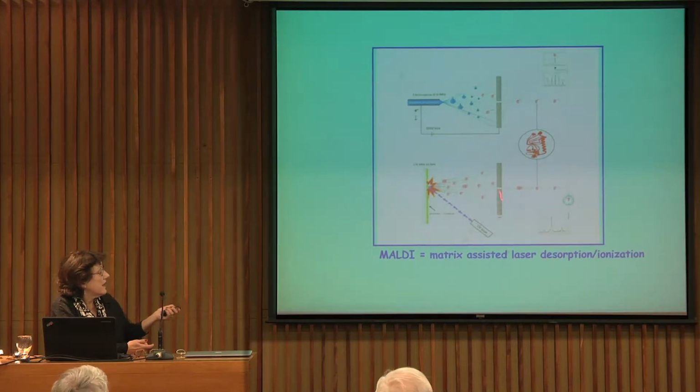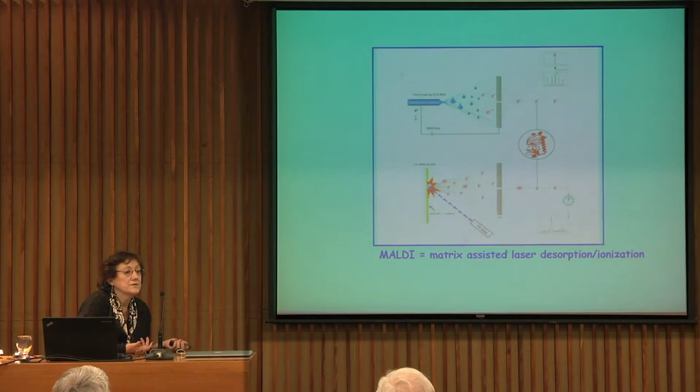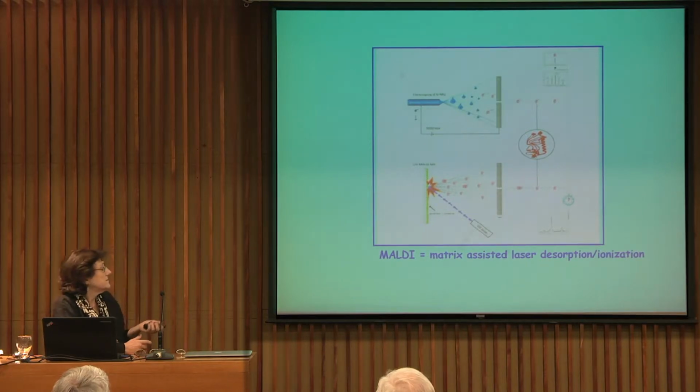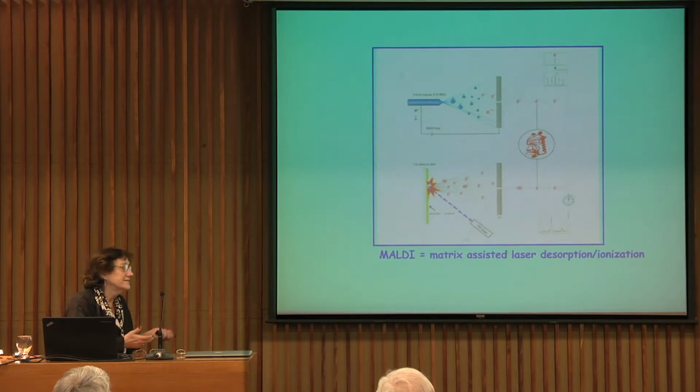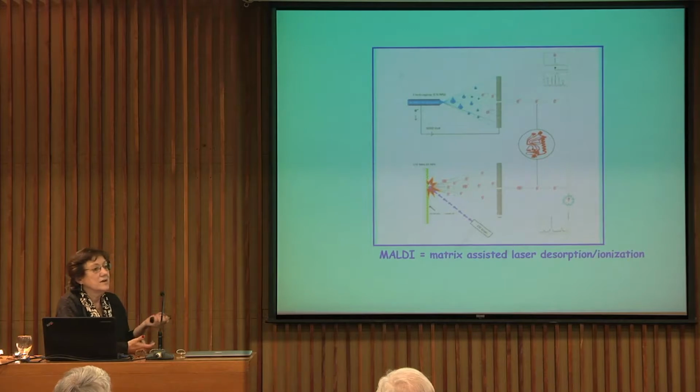Then the ions are separated and detected in this mass spectrum. This type of mass spectrometry technique is very useful for mixtures, because nearly always you have monocharged ions.